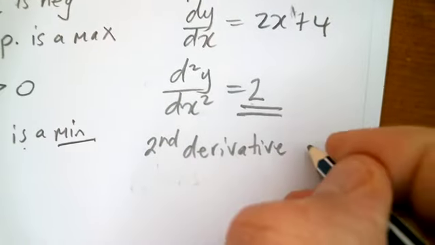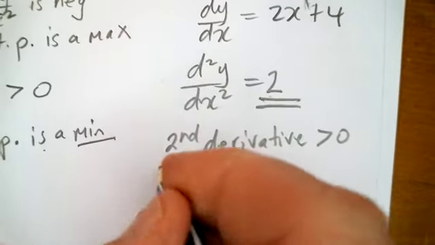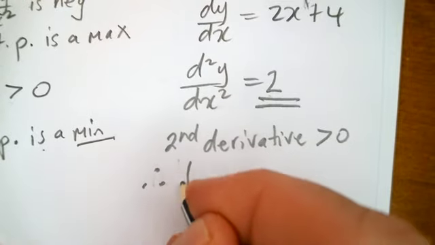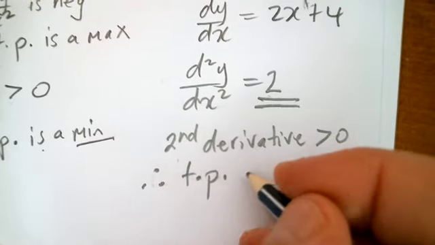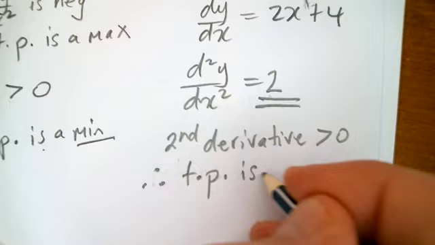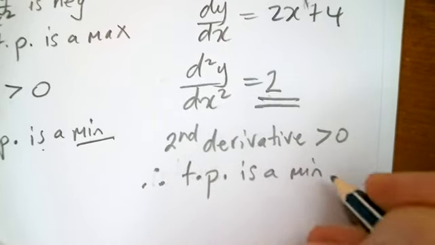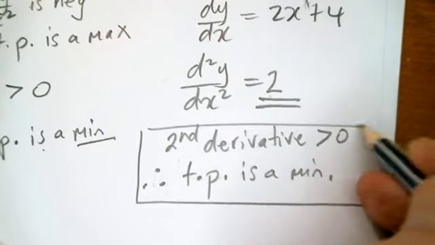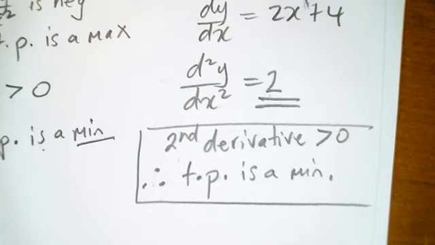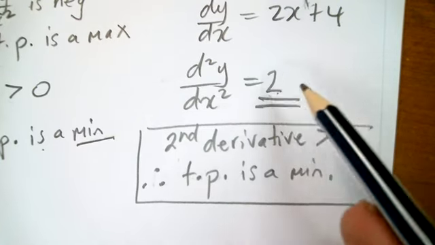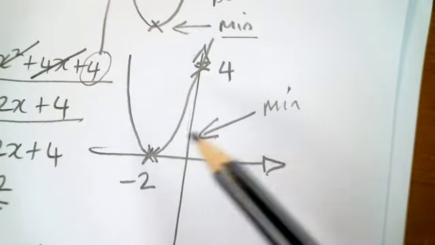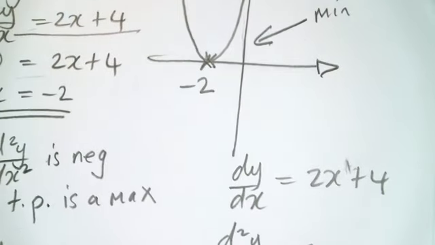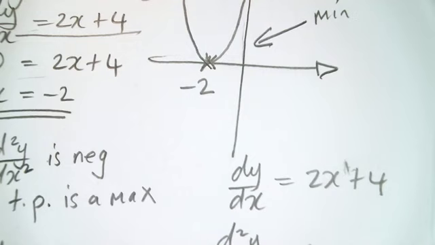Second derivative is greater than 0, therefore turning point is a minimum. And that's the statement we need to make in order to show we understand what this tells us about this parabola here. And that would be the way which I would go about that.